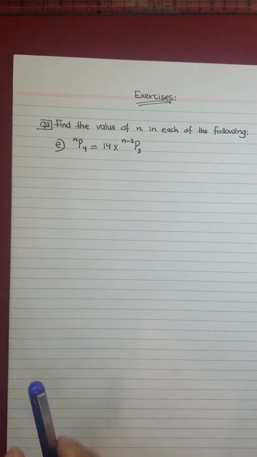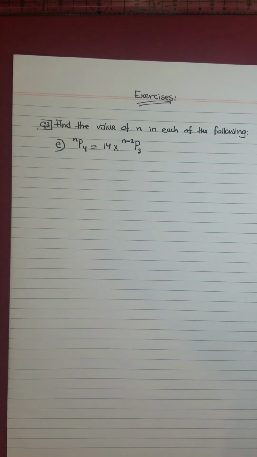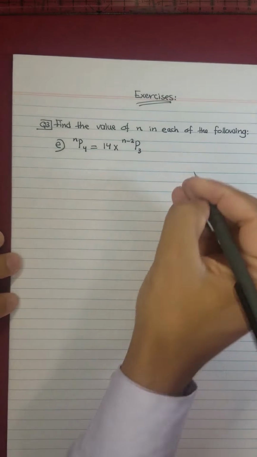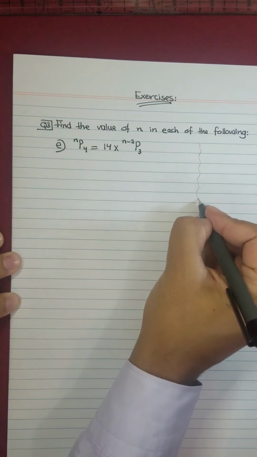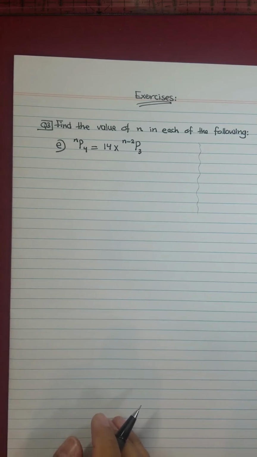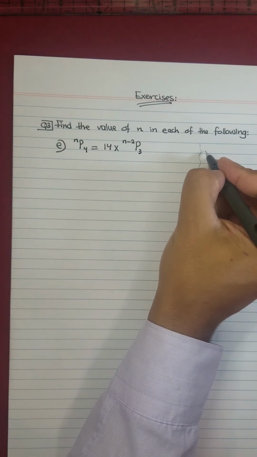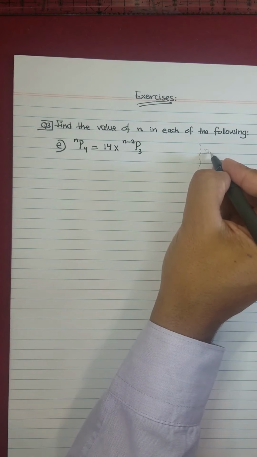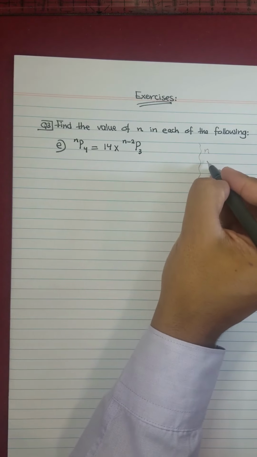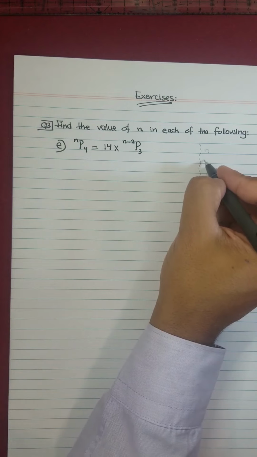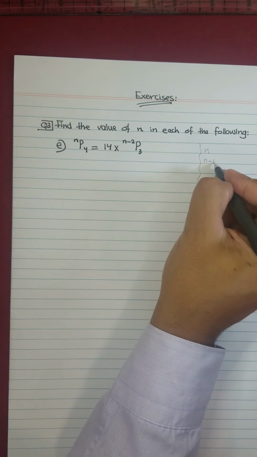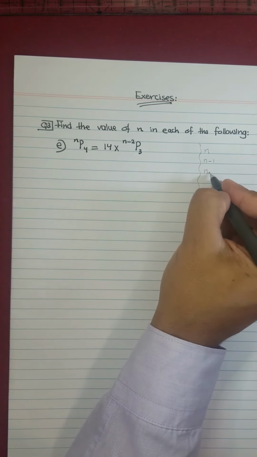So look at this. The most important thing that you need to bear in mind when solving a question like this is the sequence of n that we talked about before. So it's n. When you get the next number in line, you get n minus 1. The next number in line is n minus 2.